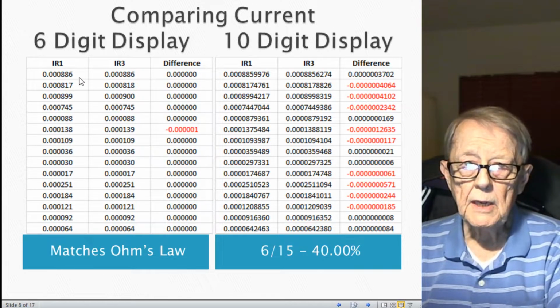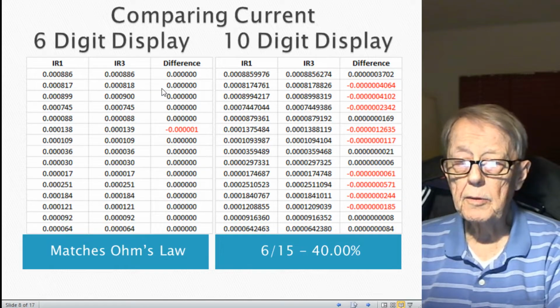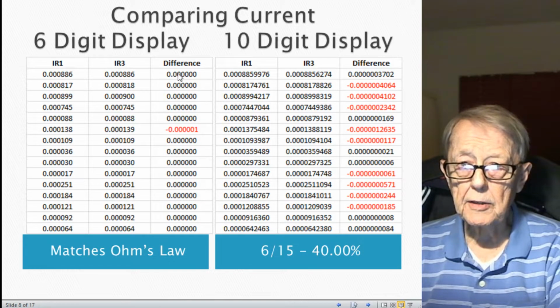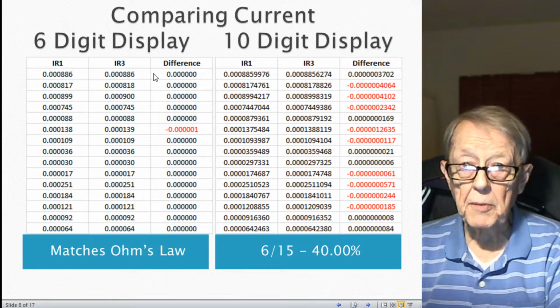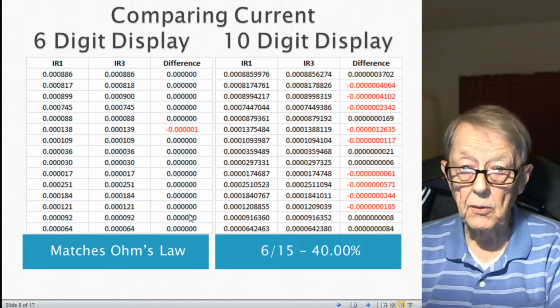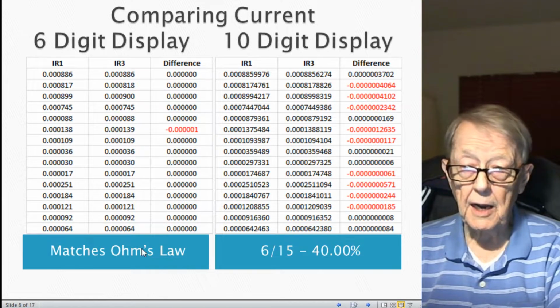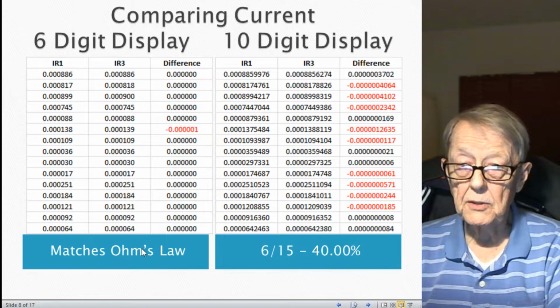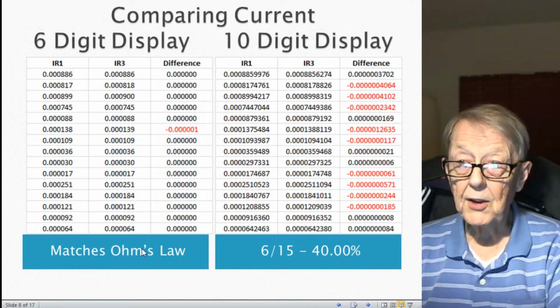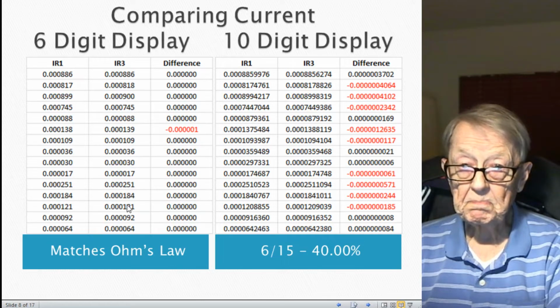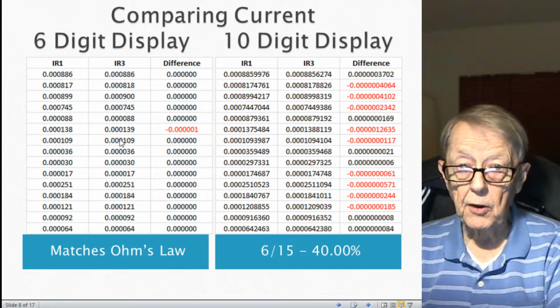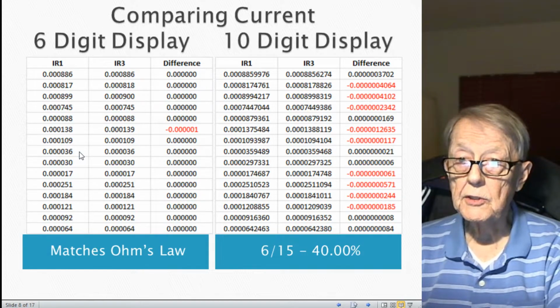And when I subtract this from that, I get 0 all the way through. That matches Ohm's law. I mean, if you did this experiment in college or even in high school, your teacher would say, hey, look, Ohm's law works, because you're only looking at a certain significant digit.